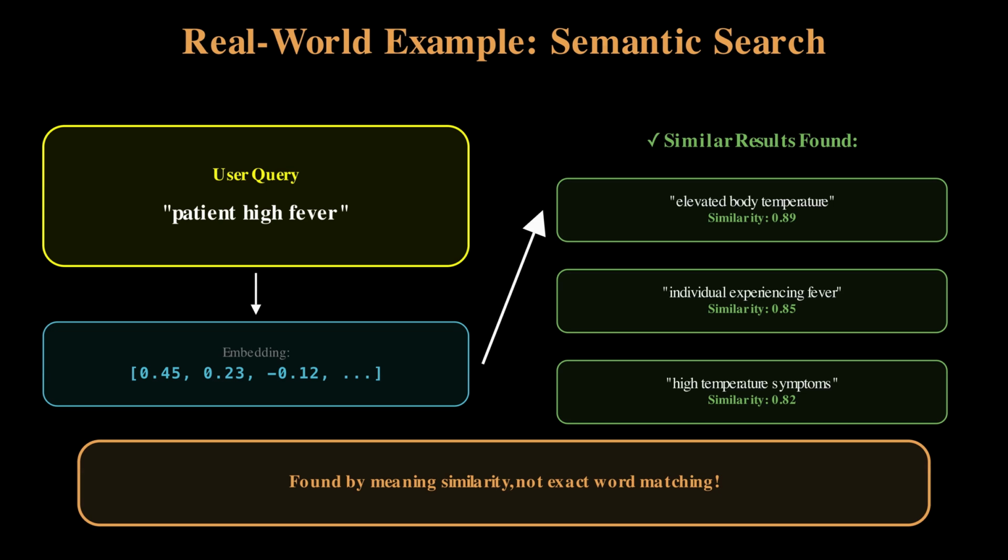Here is the key insight. None of these results contain the exact keywords from the search query, but they are all semantically relevant. This is the power of embeddings. Finding meaning, not just matching keywords. This is how modern search engines, recommendation systems, and AI assistants actually work.